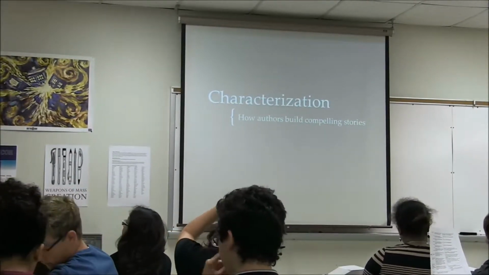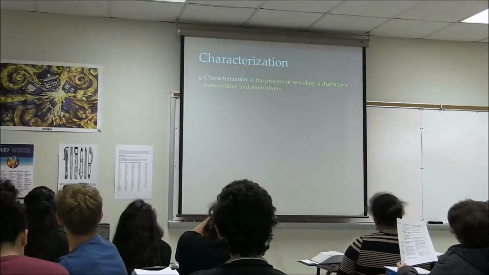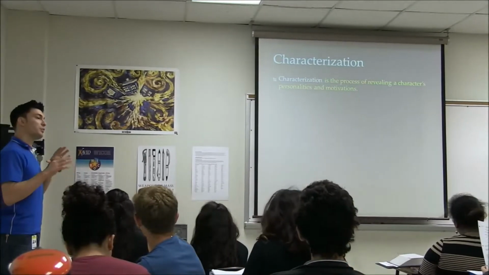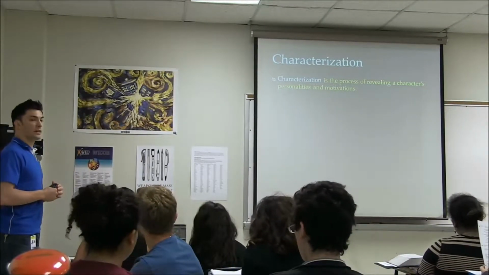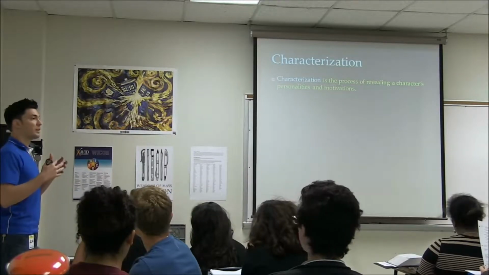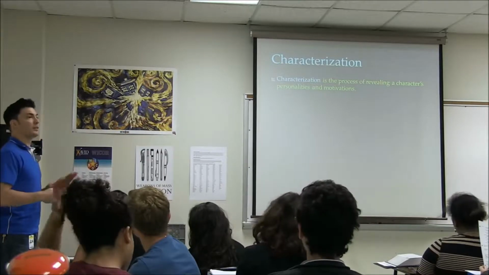Characterization is really just the process of revealing their personalities and motivations. And the reason why we like characters so much is characters often parallel people that we know in real life or situations that we put those characters into. It makes it relatable.